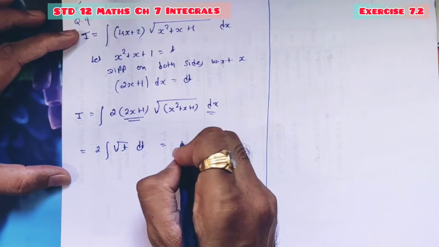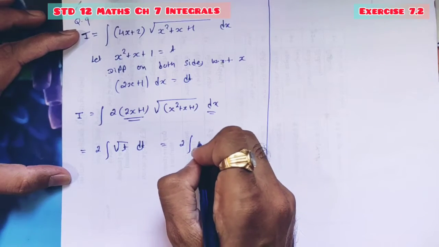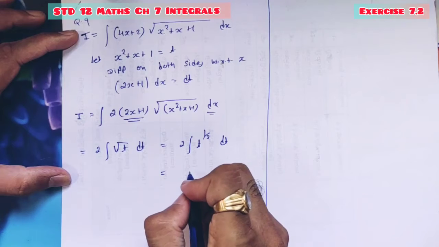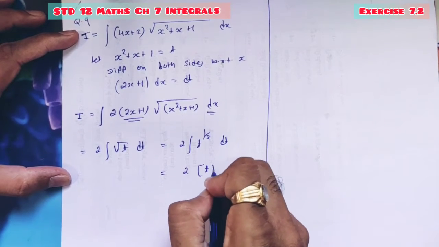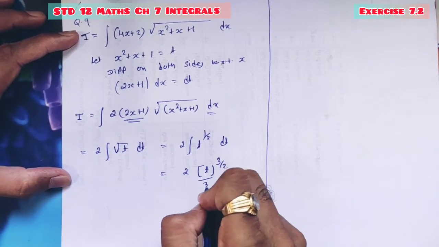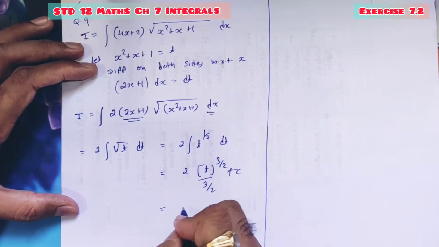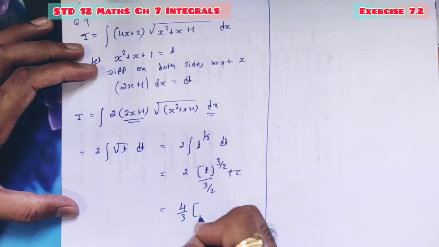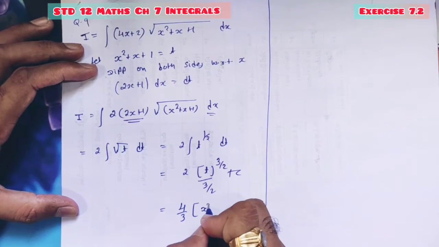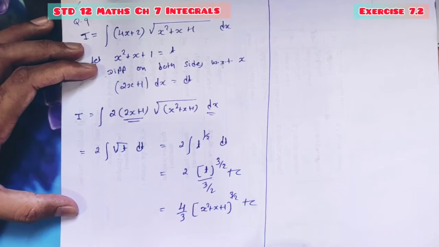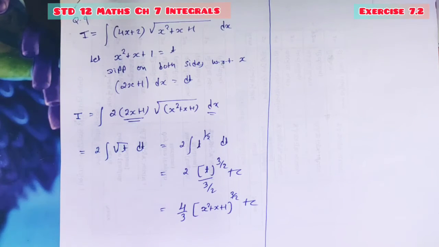So this is again 2 into t raised to 1 by 2 dt, which is 2 into t raised to 3 by 2 divided by 3 by 2 plus c. 2 times 2 by 3 is 4 by 3, and t is x square plus x plus 1 raised to 3 by 2 plus c. So this is your question number 9.